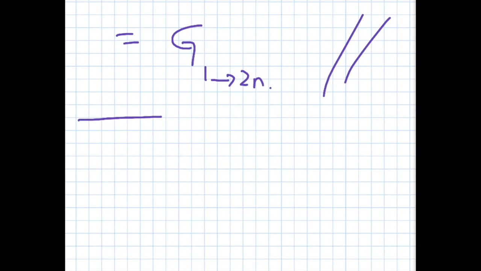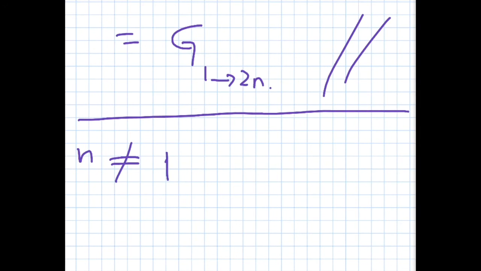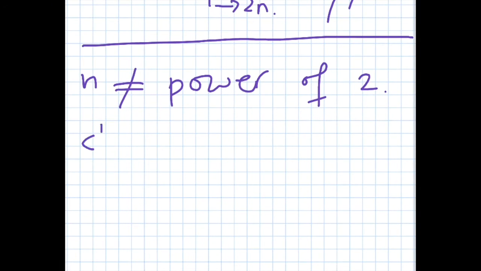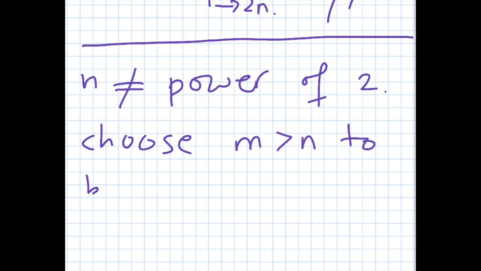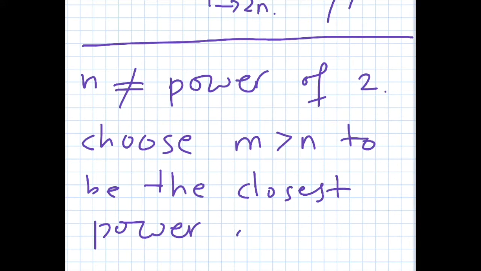Now let's say n is not a power of 2. So then what we do is we choose m greater than n to be the closest power of 2.